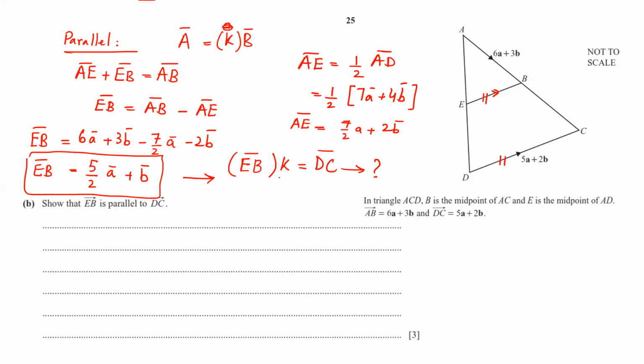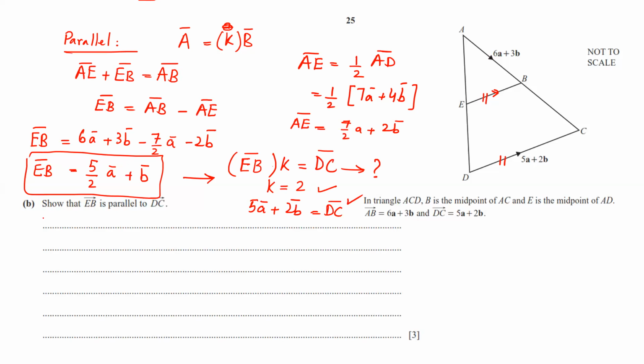If I select the value of k as 2, EB becomes equal to DC, that is 5A plus 2B, and this is equal to DC.